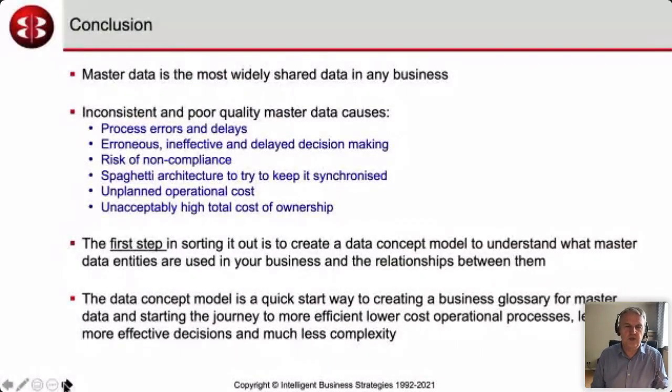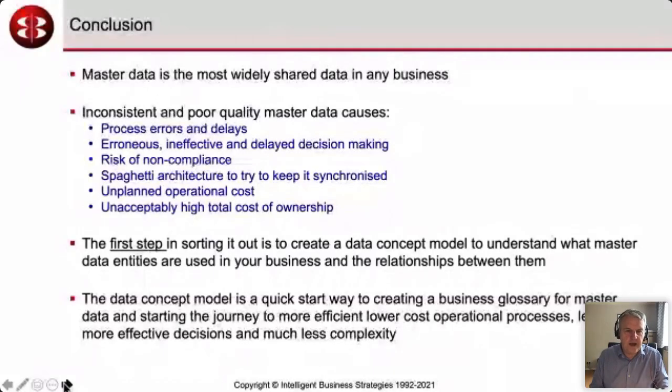And customer data doesn't just live in a sales system or in some CRM system. It's in your service systems, it's in your marketing, it's in your sales, it can be in your ERP system, it could be in your distribution system. So this data spreads all over the place.